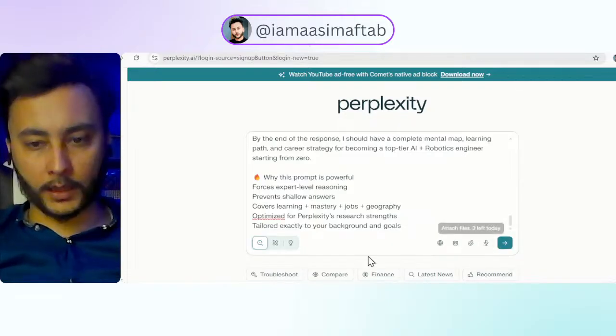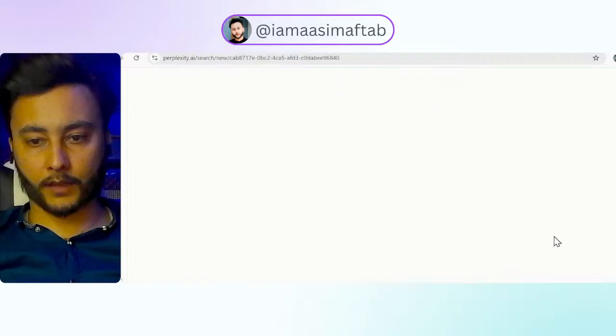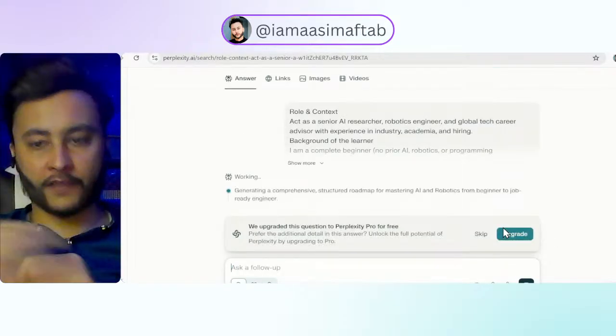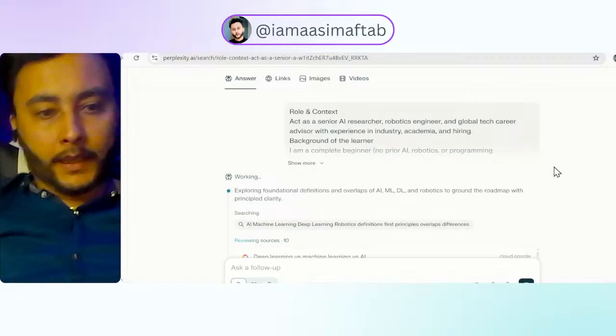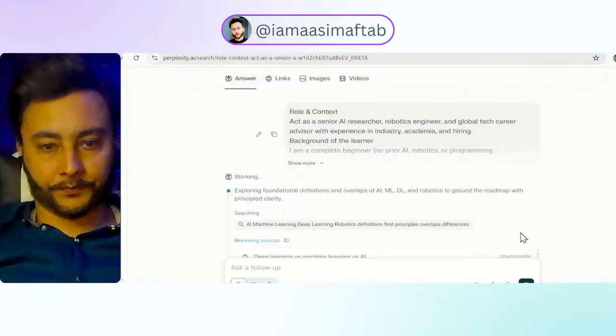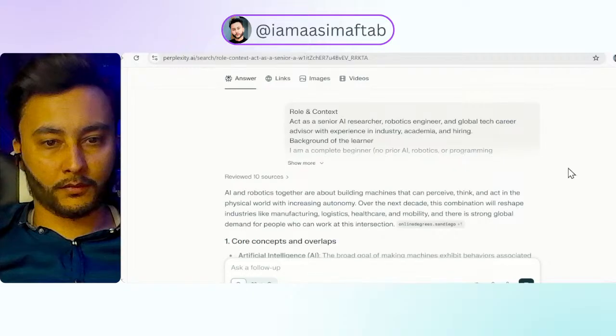I've turned on all the options which are free. Let's see if my internet, no, skip for it. Here's the thing it is doing.